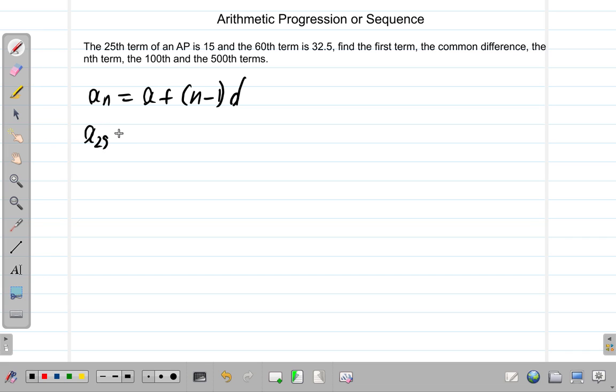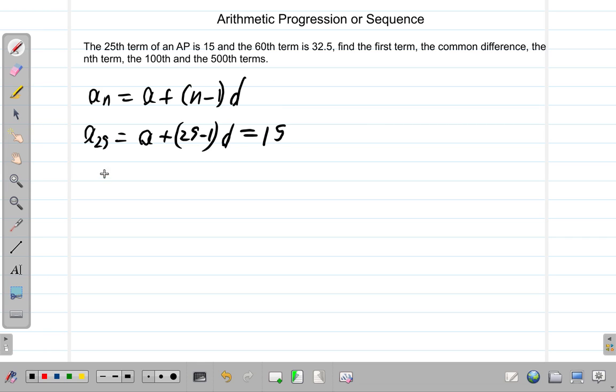So A25, the 25th term, would be A plus 25 minus 1 times D, whatever it's going to be. And that is equal to 15.